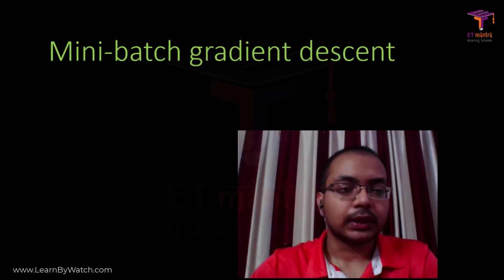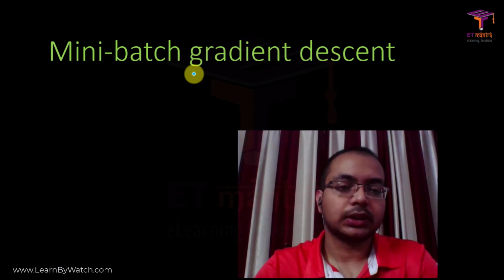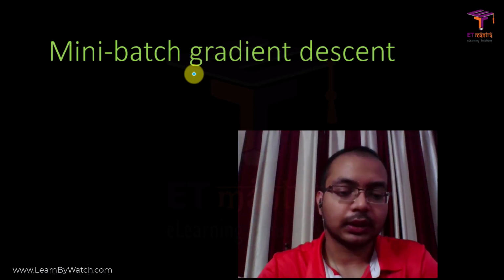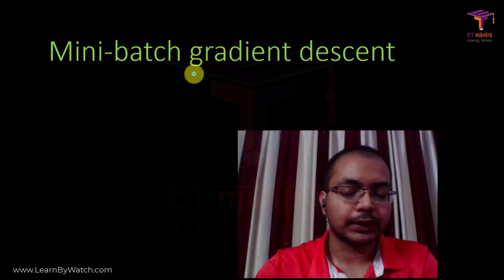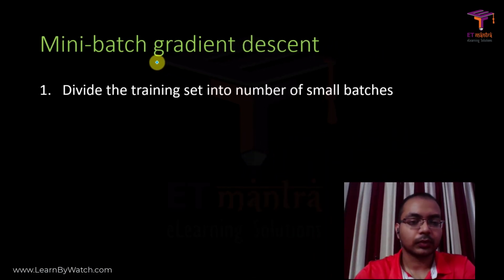We'll now look at the third type of gradient descent, which is the mini batch gradient descent. We have seen the two extremes, which is the stochastic gradient descent, where we take just one example and calculate the gradient descent, and we have also seen the batch gradient descent, where we take all the examples and calculate the gradient descent. But in mini batch gradient descent we perform the midway.